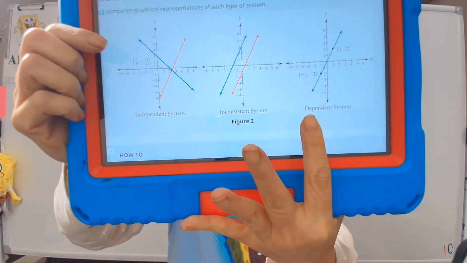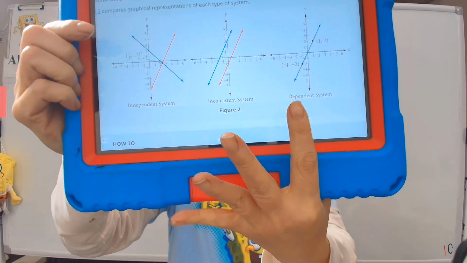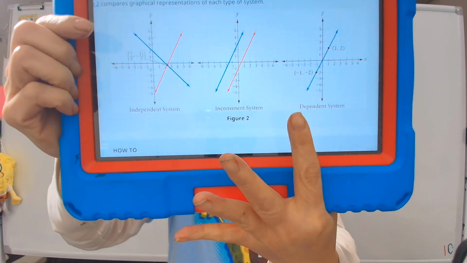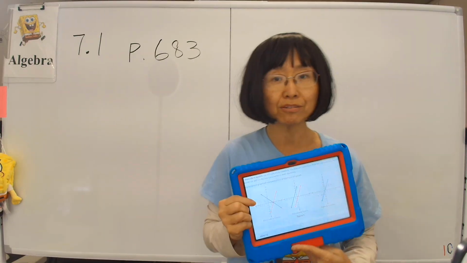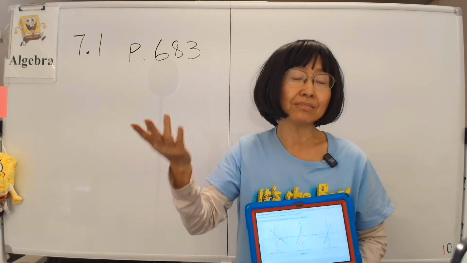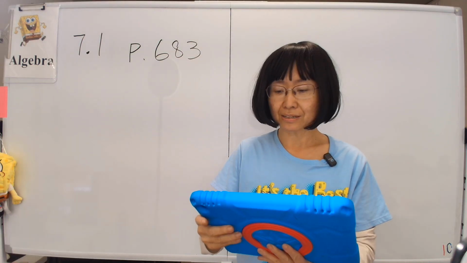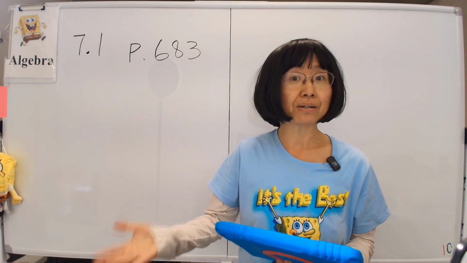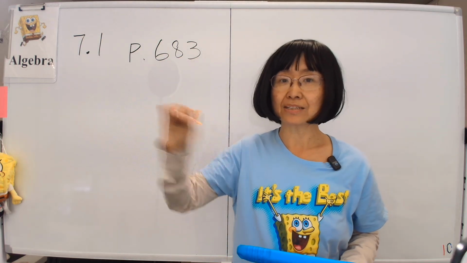There is yet a third possibility, which is that the two lines are actually the same line. You just give it a different name. Put it this way, they are right on top of each other. They're the same thing. In that case, the solution is any point on the line, because your solution is a point that is on both lines.